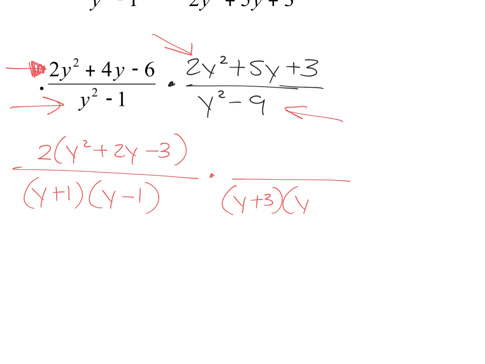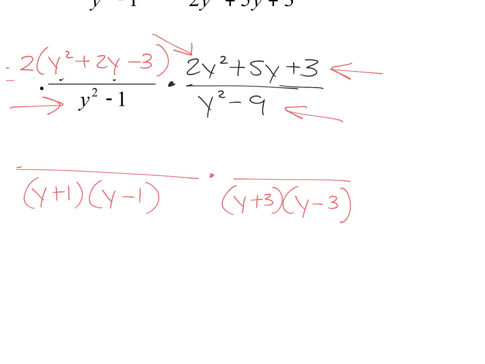Y plus 3, y minus 3, that's another difference of squares. Okay, so now some factoring. Actually, I'm going to erase, just so I don't have to rewrite everything again. I'm going to move this up here and then factor it and just drop it right in here.